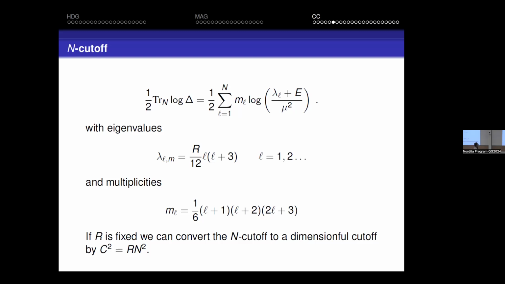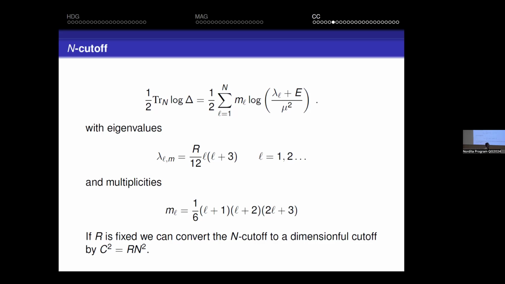And now, how do we make sense of this trace log? The simplest way is to just stop this sum over L at one particular number N. So N is essentially the ultraviolet cutoff, but notice it is a dimensionless number. It's not an energy scale.